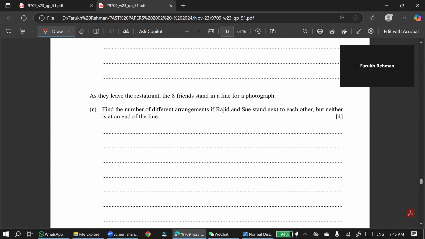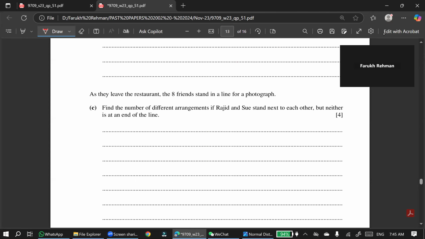Now the C part. As they leave the restaurant, the 8 friends stand in a line for a group photograph. Find the number of different arrangements if Rajit and Sui are next to each other, but neither is at an end of the line.